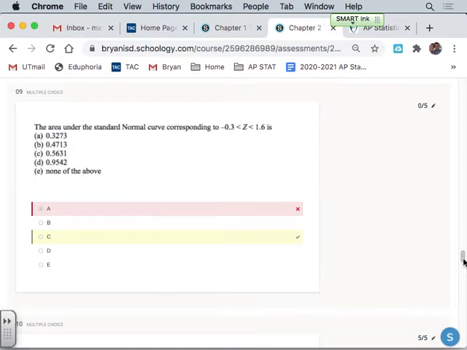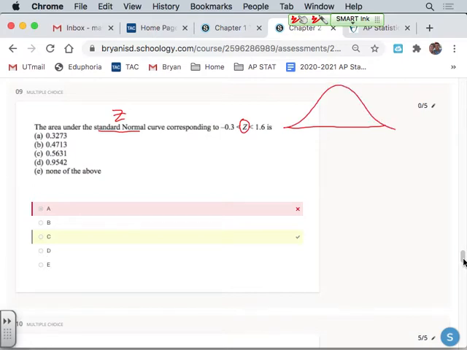This random person that I chose here got this one wrong, but I felt like for the most part people got this one right. But I can talk about this, I guess. So the area under the standard normal curve, which is just standardized, is a z, which it told you there anyway. So it's basically setting up a picture.